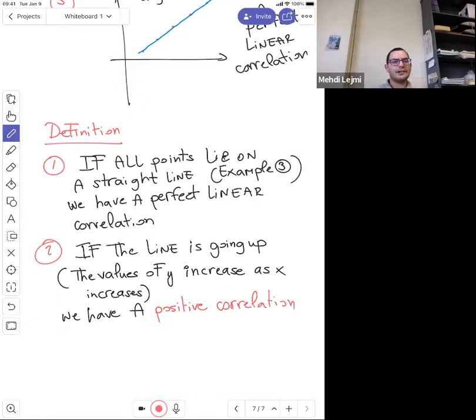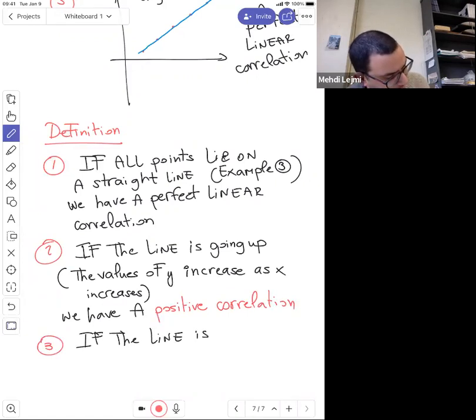Of course, if the line is going down, then we have a negative correlation. Oops, I'm sorry, I went over time. I didn't check the time. Let me just finish this sentence.